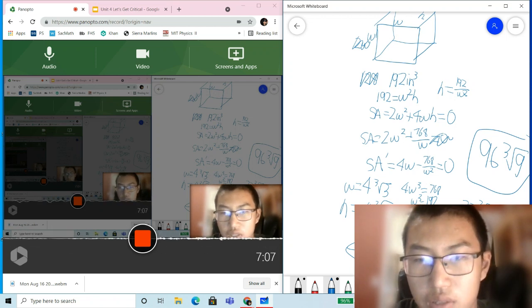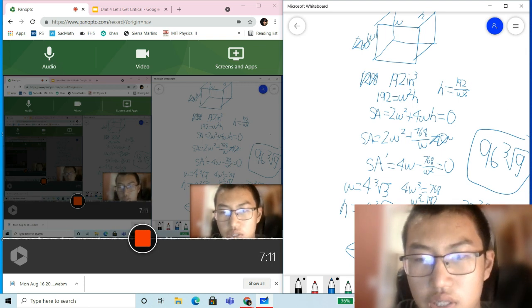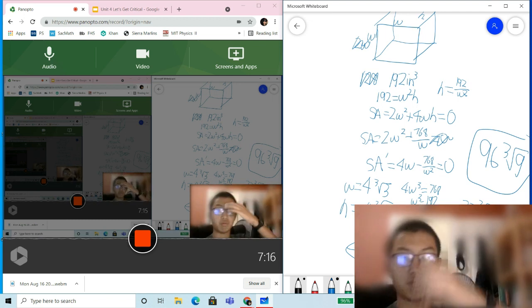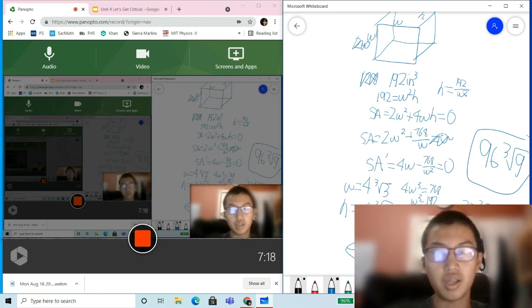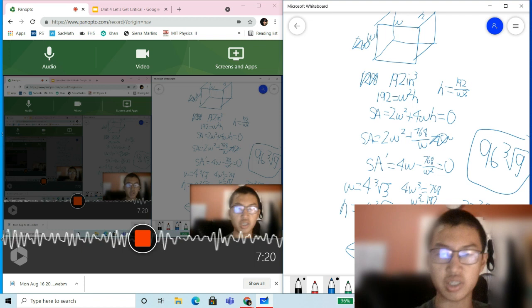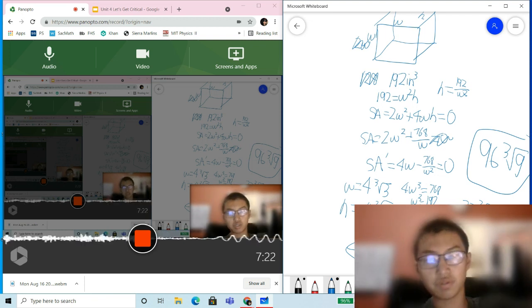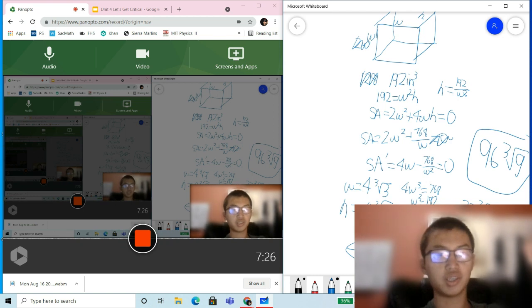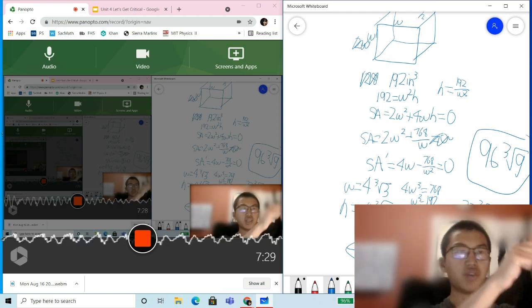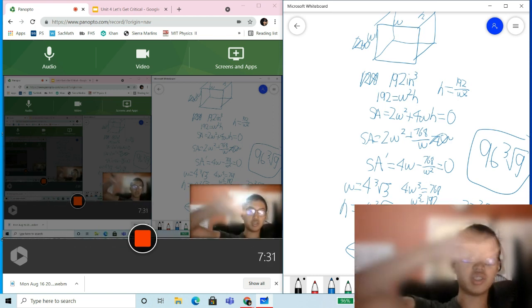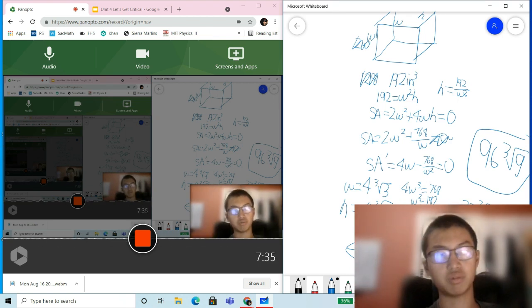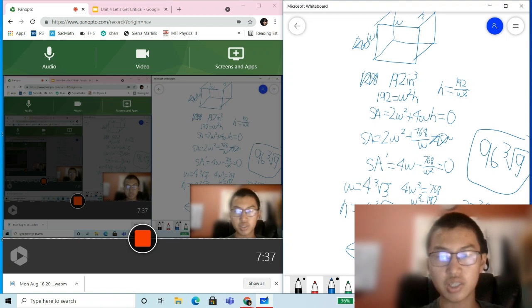And when W is 10, we get 40 minus 7.68 or something, a positive, if W is greater than the cube root of 192. The surface area prime is going from negative to positive. If you're negative on the left but positive on the right, you see a U shape, and then you see the minimum at the cube root of 192. Meaning, this is a minimum.